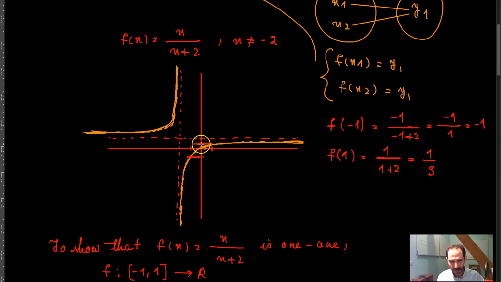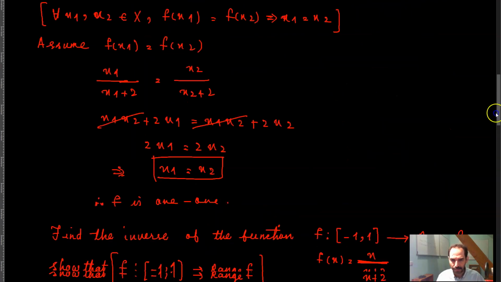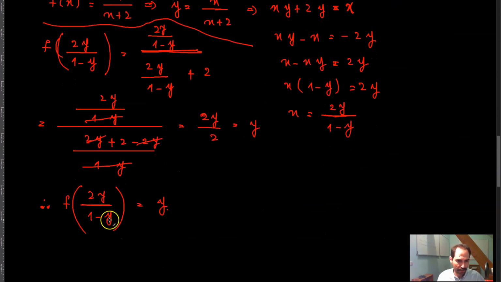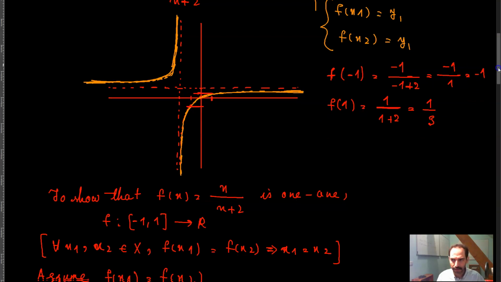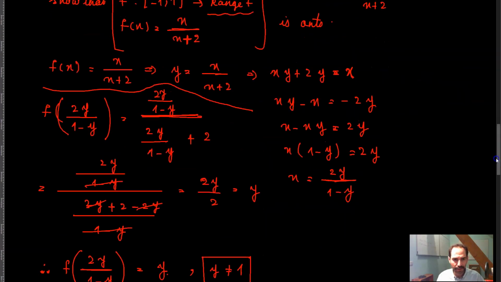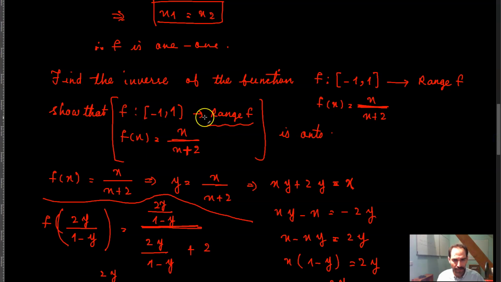So you would never get to y is equal to 1, so you have no problem there. And the only thing which is restricted here is y not equal to 1. So here y is not equal to 1, and that is the only restriction that you have. But as you can see, you actually never get there. You start from -1 and you go all the way up to 1/3, and that's all that this function is all about.